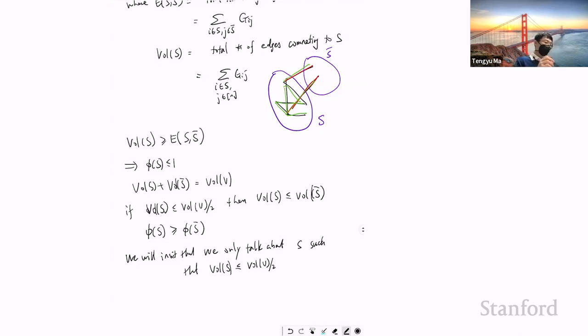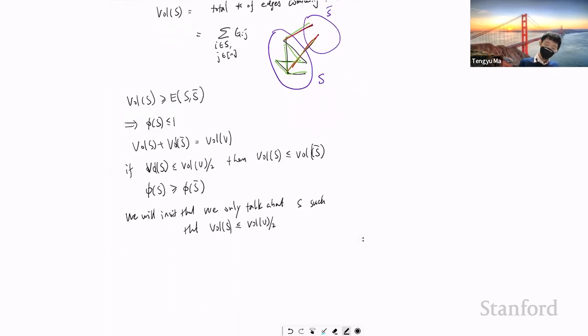You only look at the conductance on the smaller side. You don't want to cheat by having a very large side and only one point in S bar, making the conductance look very small, when actually you should measure the other side.